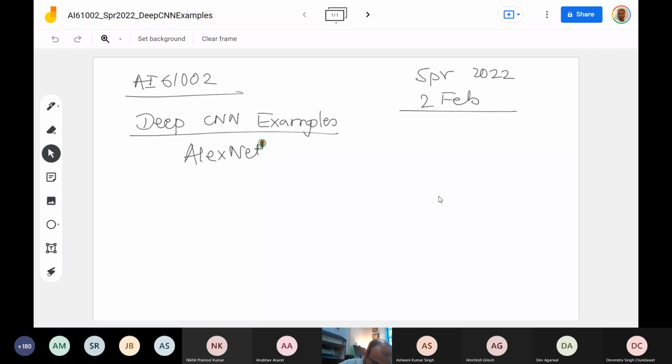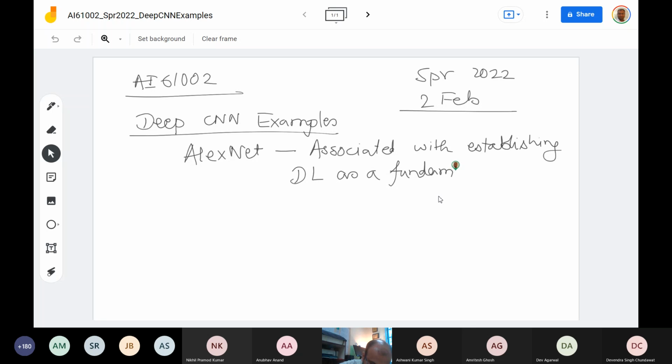In fact, this is credited with establishing deep learning as a fundamental game changer in vision problems.